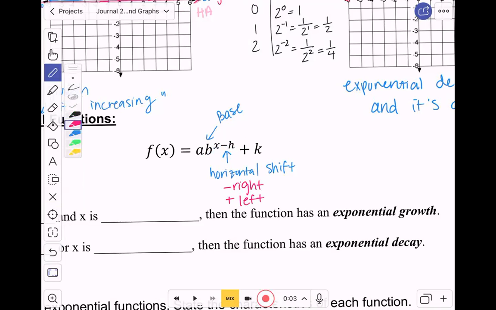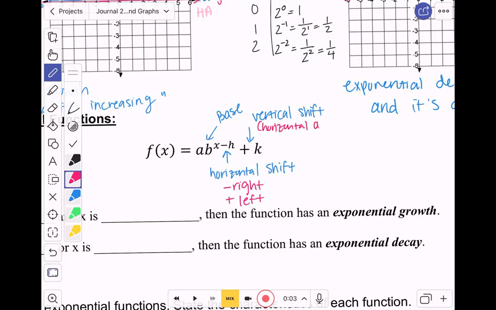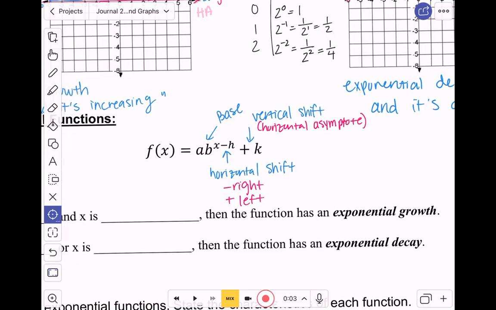And then your k, you can probably guess it, is your vertical shift. But it also tells you your horizontal asymptote. So your vertical shift also displays your horizontal asymptote.